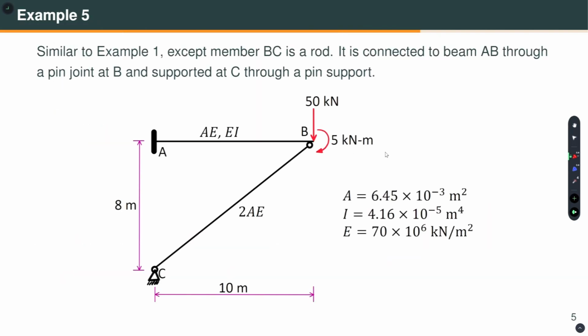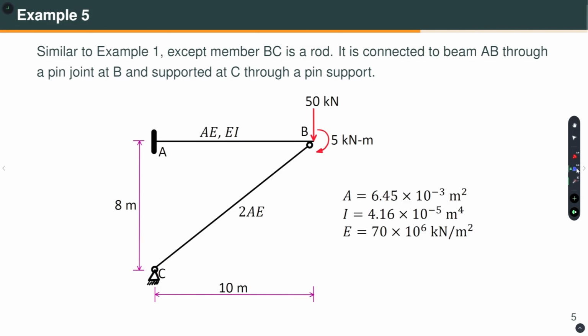So, this is again the same as example 1, but there is a little change here. What is the change? This is a beam column element, this is a beam column element, but this element here is pinned at support C and at end B also this is pinned.